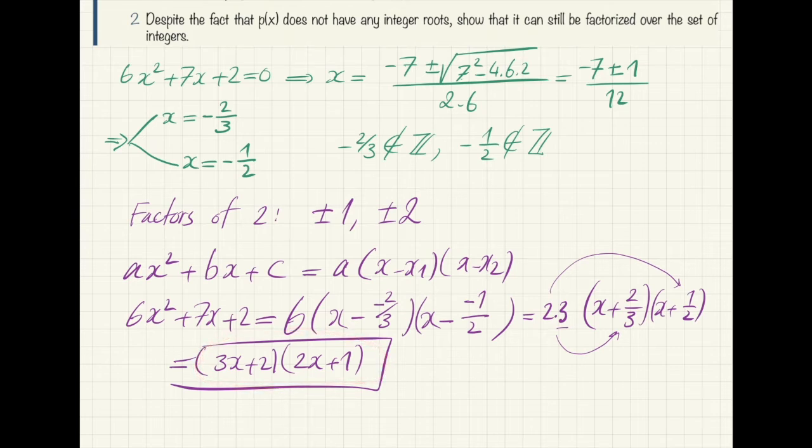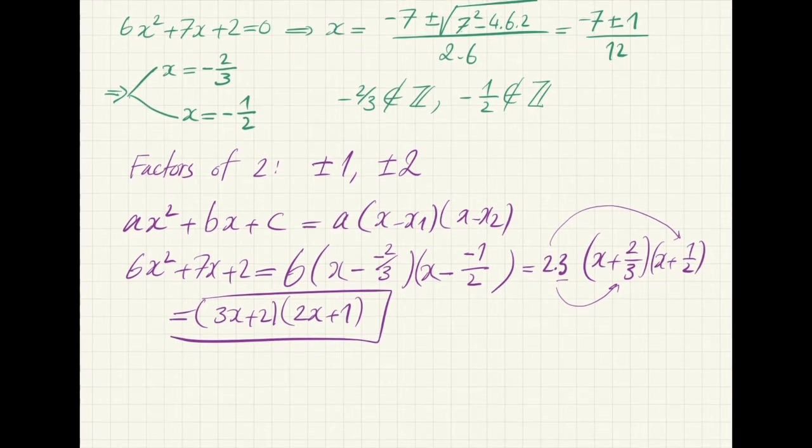Why? Because the numbers involved now are all integers. So this factorization is done over the set of integers, even though the roots were not integers. So this is a tricky point, so you need to know about that. Okay?